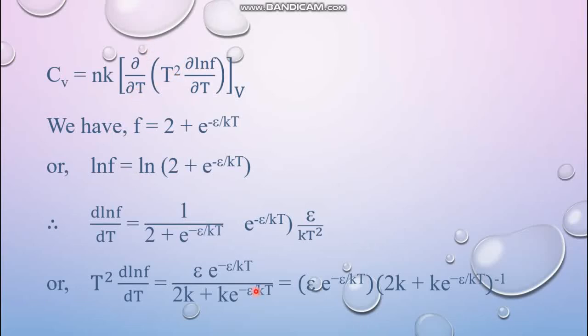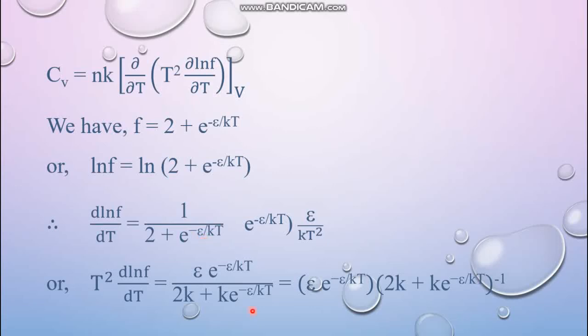So T squared d ln f by dT is the right-hand side except the T squared part. Here it was epsilon, and here the Boltzmann factor, and the denominator is multiplied with k, so it becomes 2k plus k e to the power minus epsilon by kT.